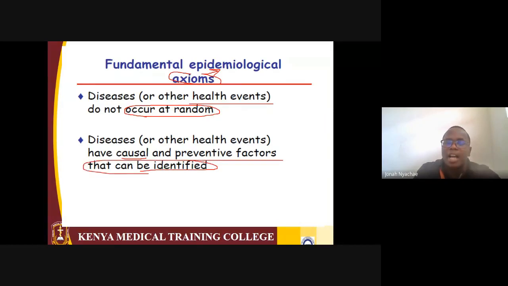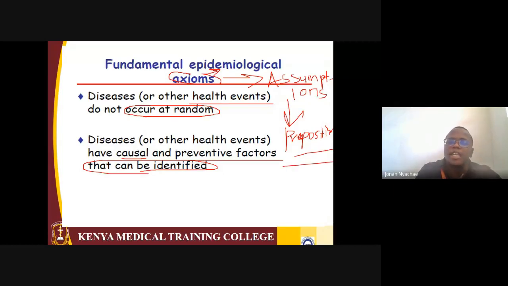So these axioms are basically our assumptions. They can also mean propositions, what in Kiswahili we usually say kudhania.